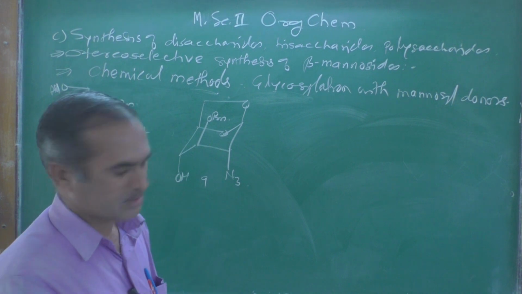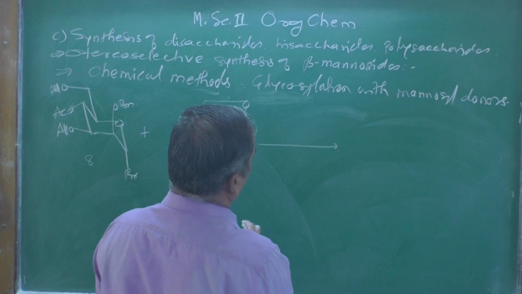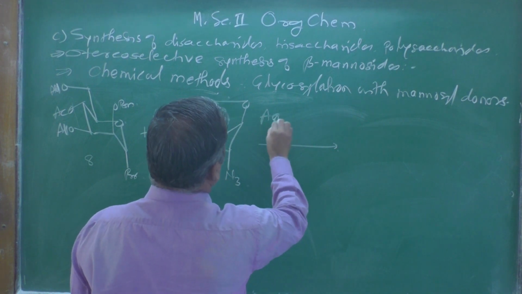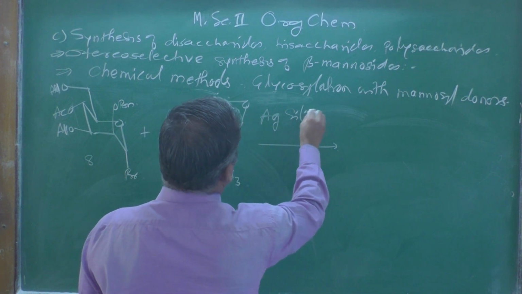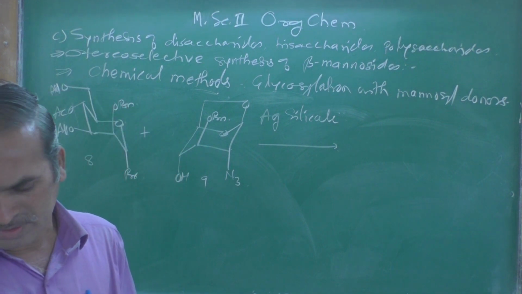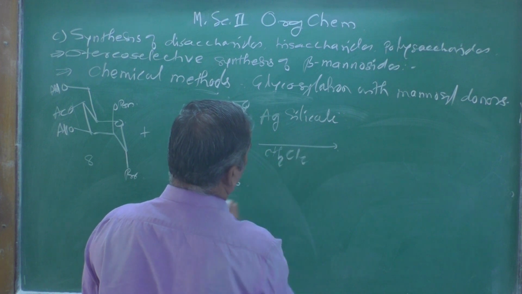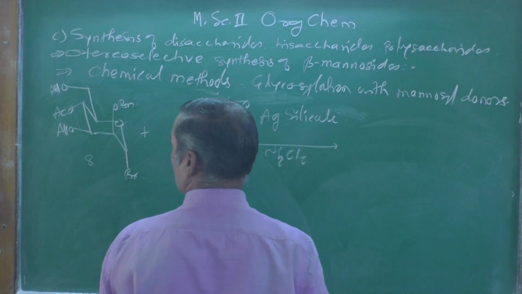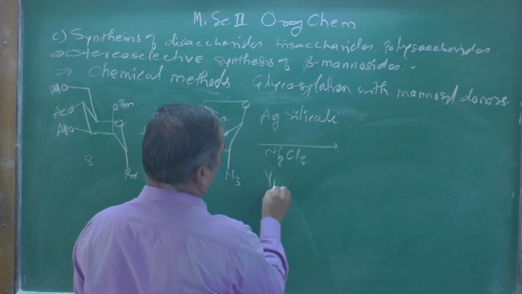When these two structures are combined, silver silicate is used as a promoter over here, and this reaction is carried out in presence of CH2Cl2, DCM, dichloromethane.